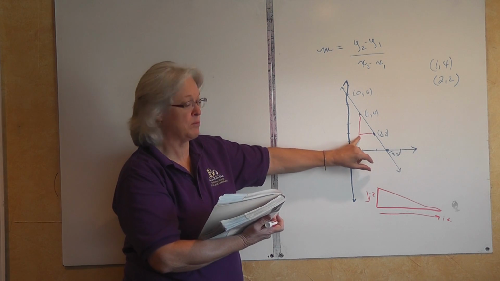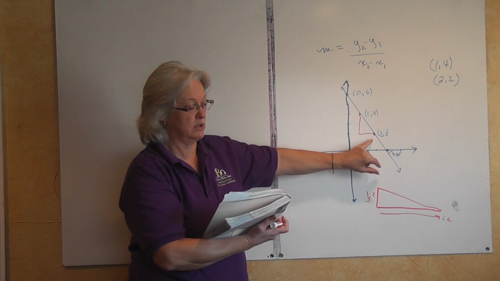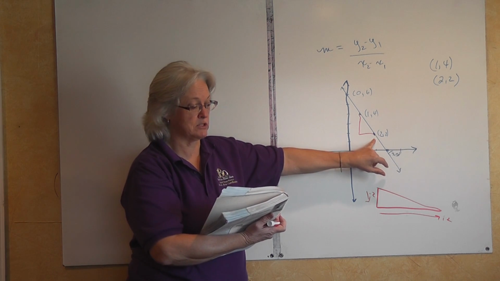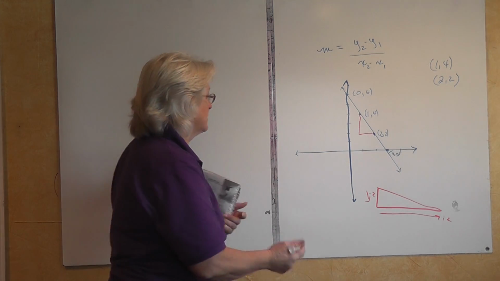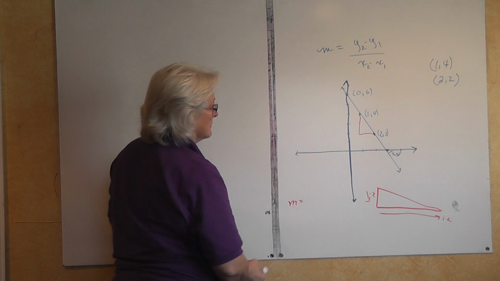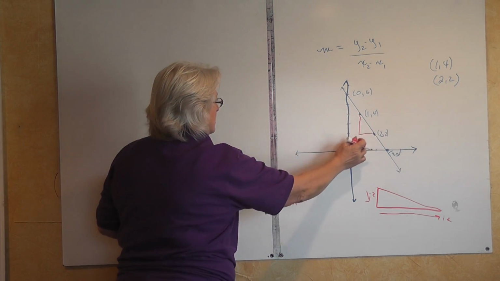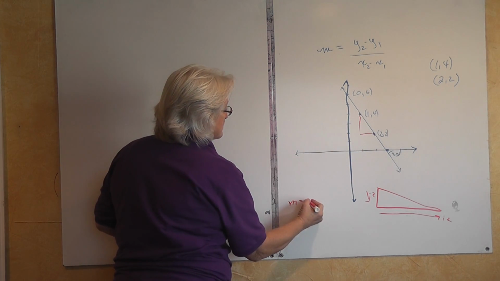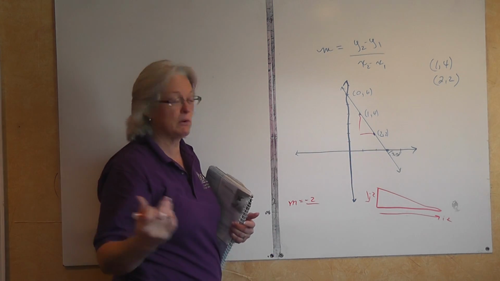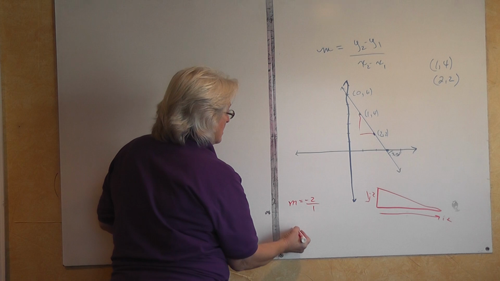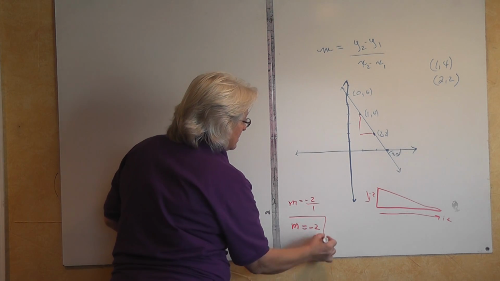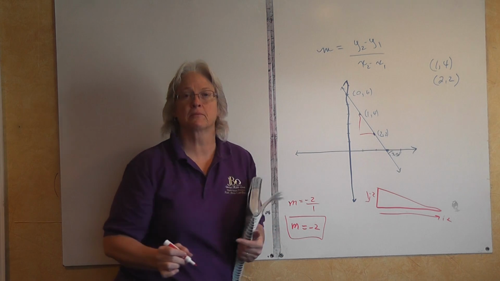Well, we've moved from 1 to 2, so the horizontal change right here is just a positive 1. So the slope of the line is the change in the vertical distance, which is a negative 2, divided by the change in the horizontal distance, which is a positive 1. So our slope of this line is a negative 2.